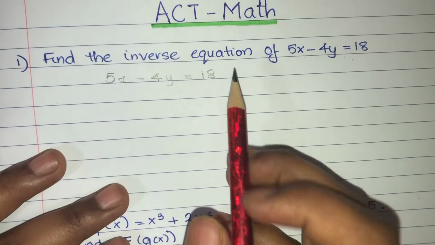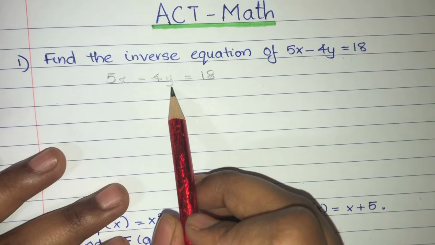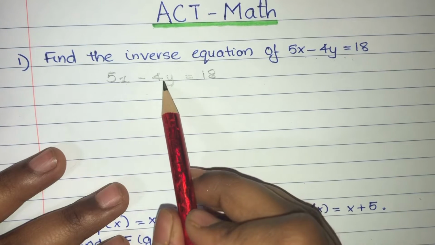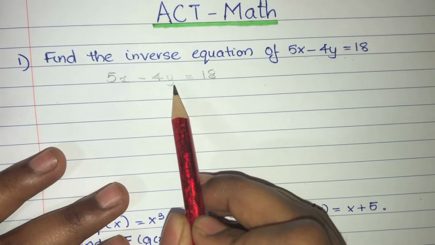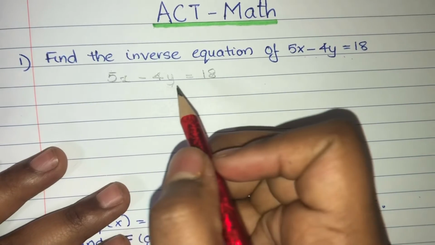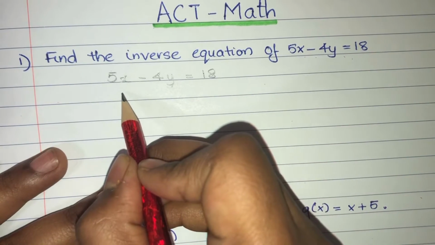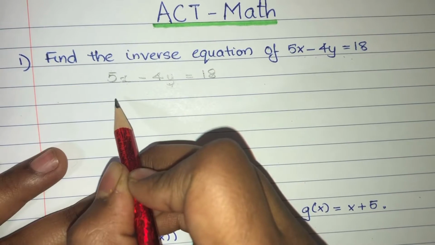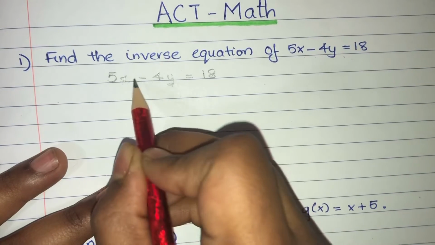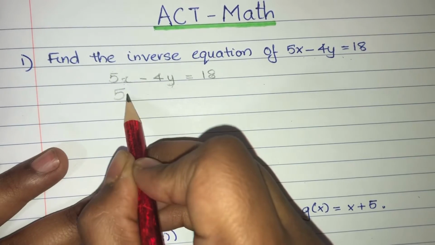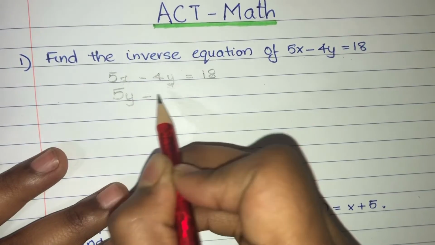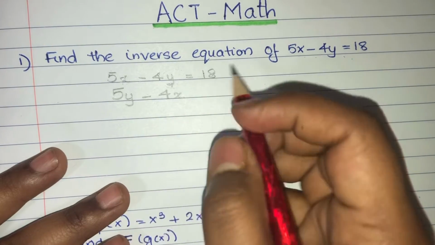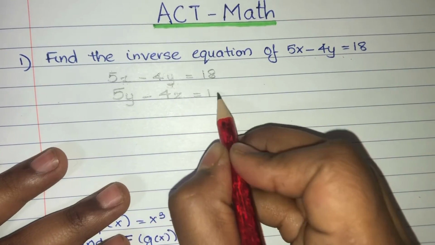Now we need to switch the x and y variables, and we need to solve for y. So we switch these variables and we get 5y minus 4x is equal to 18.